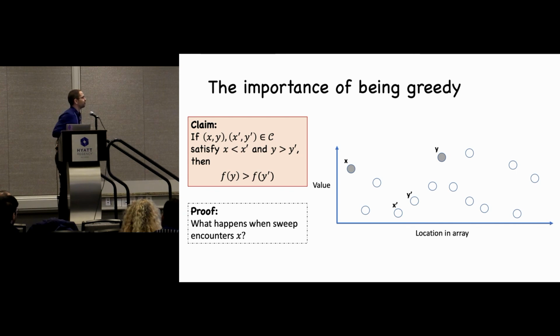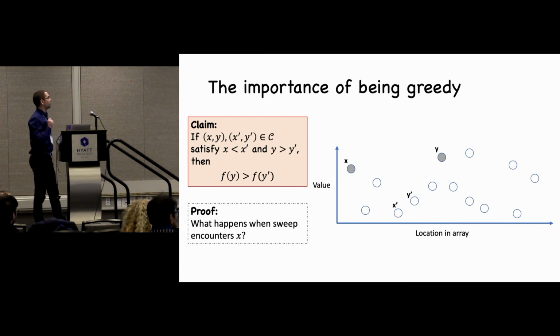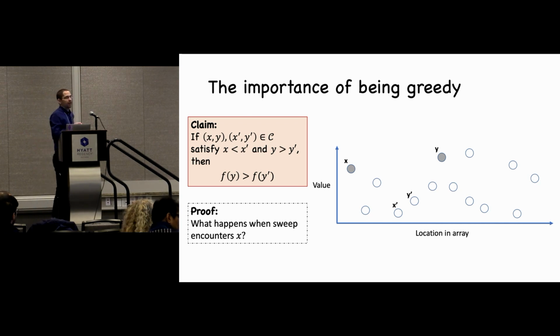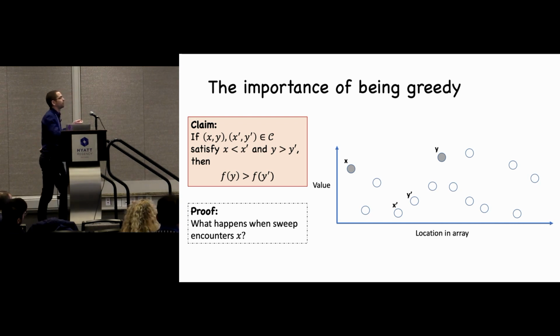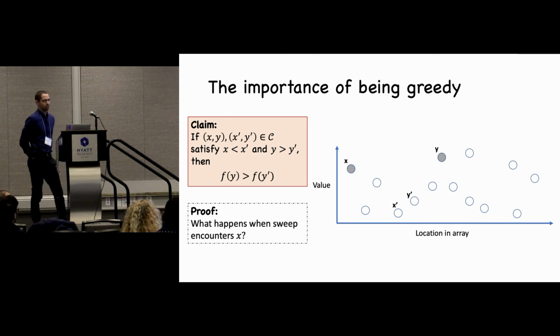And here's the proof. When we looked at x, when we tried to match it to a copy, y prime was a candidate for that. But we didn't take y prime. So the value of y prime is no bigger than the value of x. On the other hand, y was matched to x, so its value is bigger than the value of x. And so the value of y is bigger than the value of y prime. So that's the full proof.